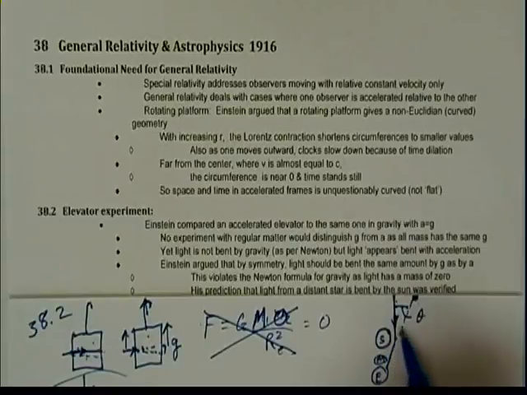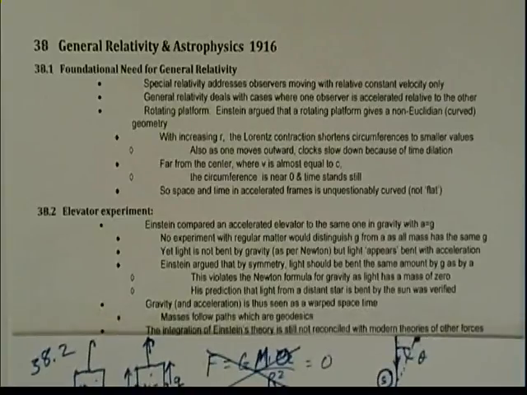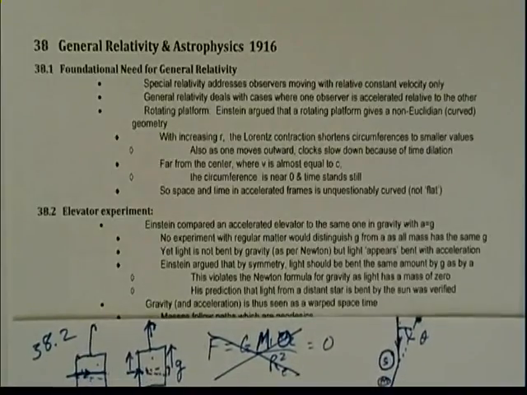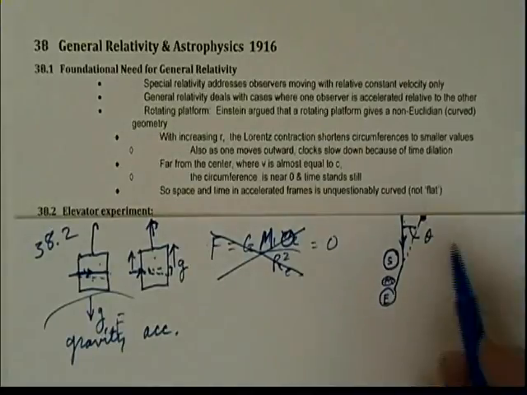The sun was entirely shadowed by the moon, and therefore we would be able to see the star. Well, this was verified that it was true, and it was one of the most famous experiments in all of history.